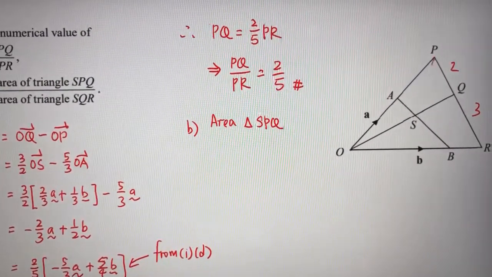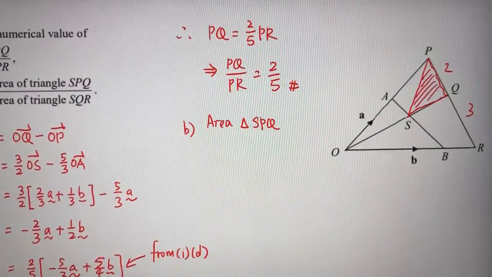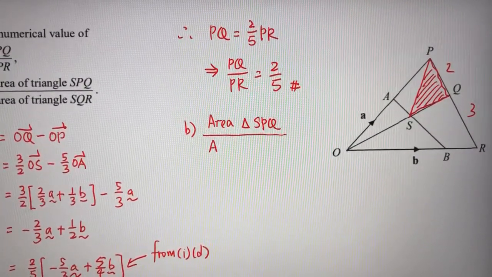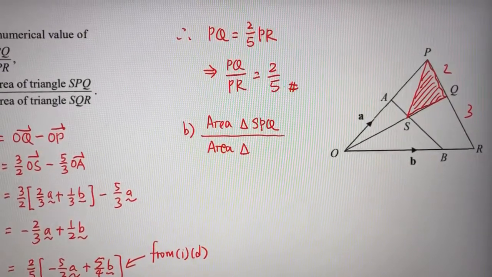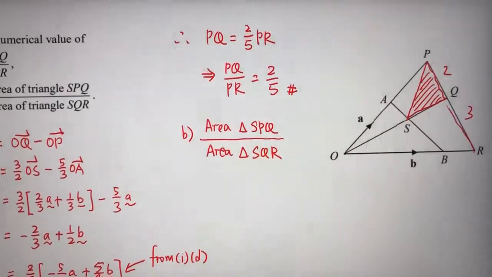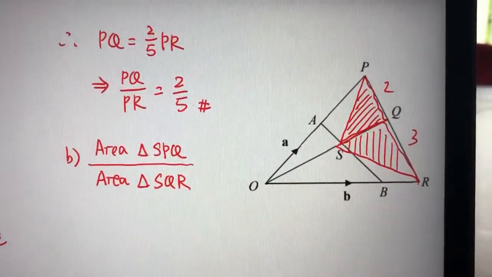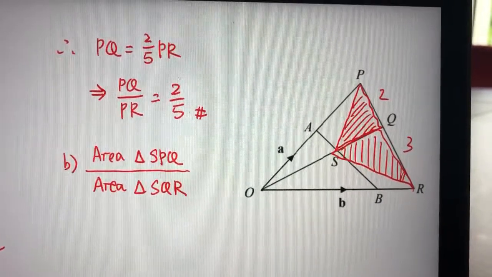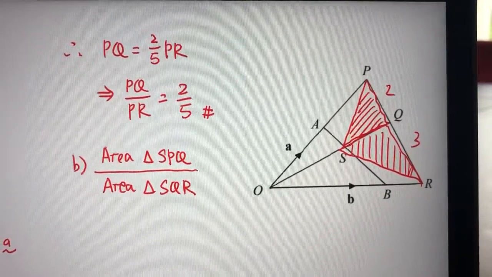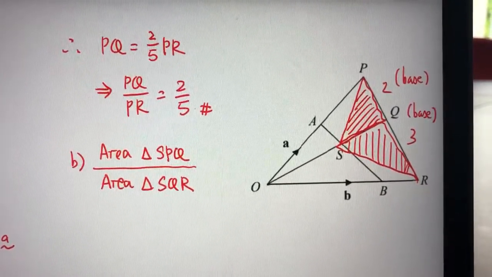Area of triangle SPQ over area of triangle SQR. If you were to study these two triangles very closely, you can easily find out that the length PQ and the length QR are their respective bases.